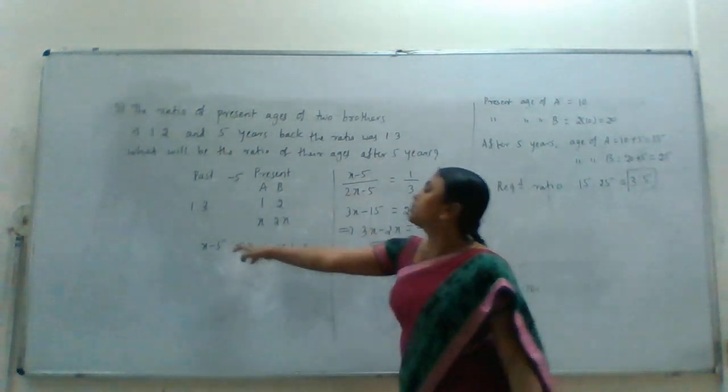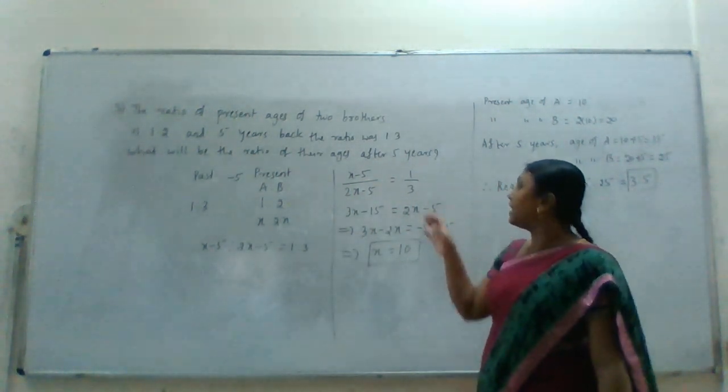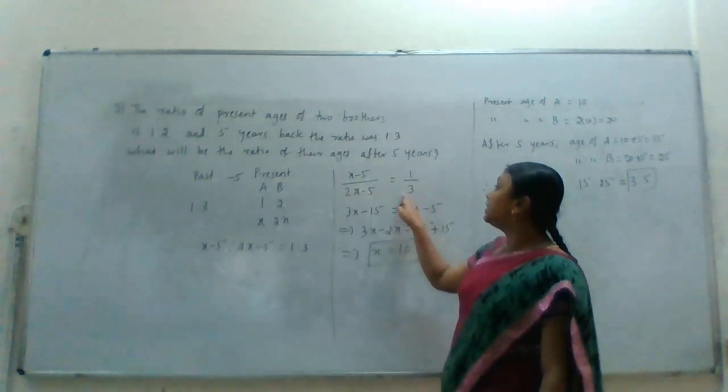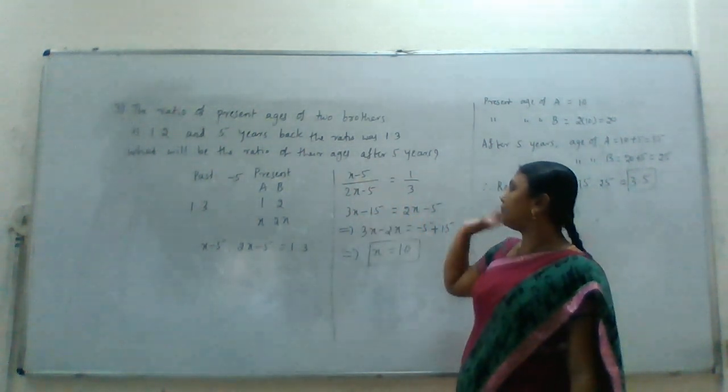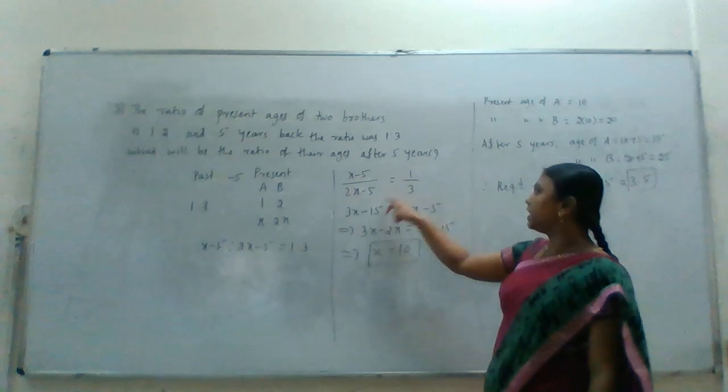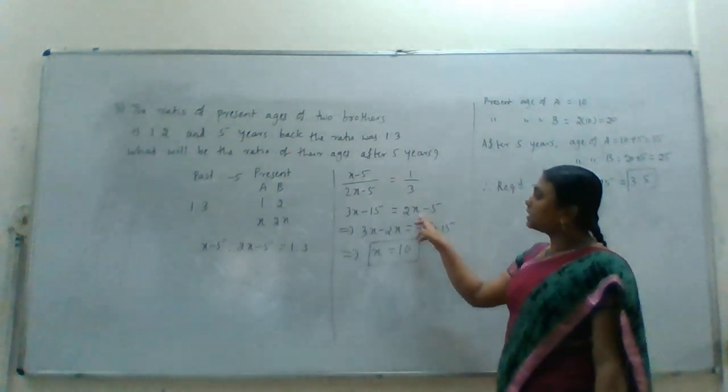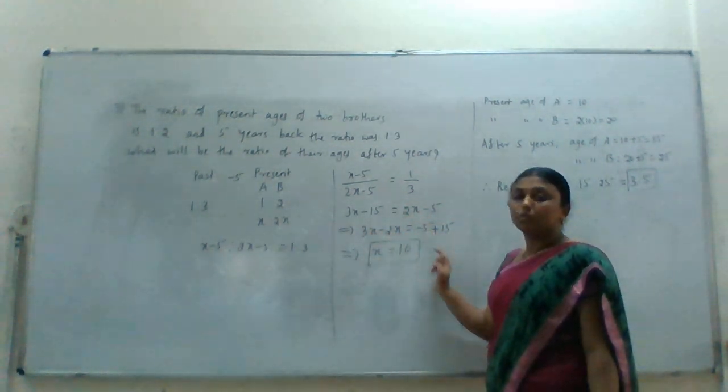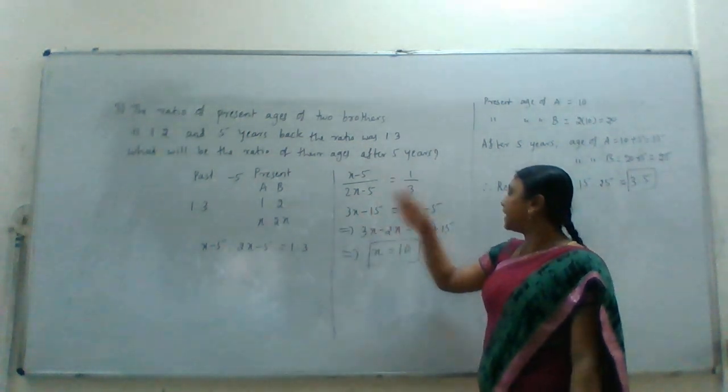Solve: x minus 5 divided by 2x minus 5 is equal to 1 divided by 3. 3 into x, 3x, 3 into 5, 15. 1 into 2x, 2x, 1 into minus 5, minus 5. Now take this 2x to the other side, 3x minus 2x, then minus 15, take it to the other side.